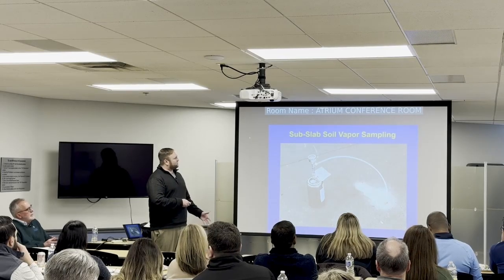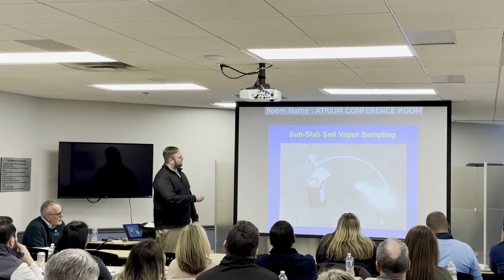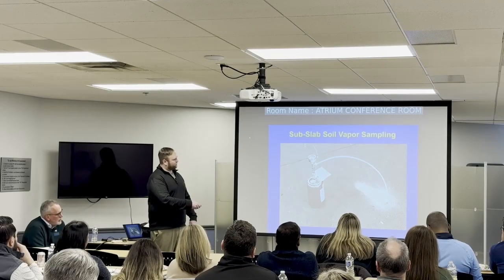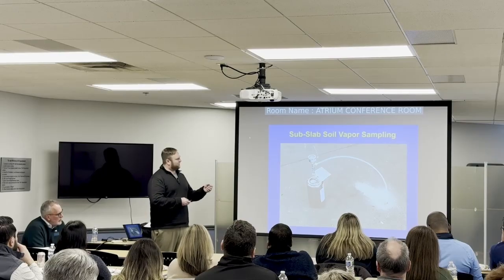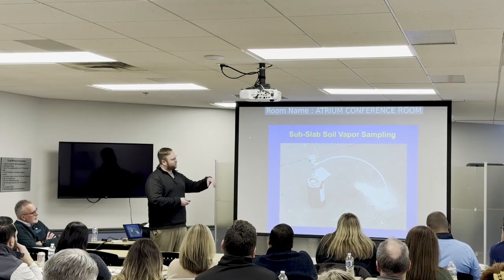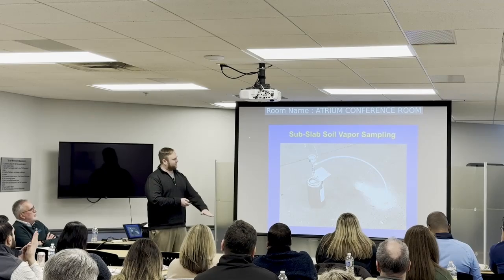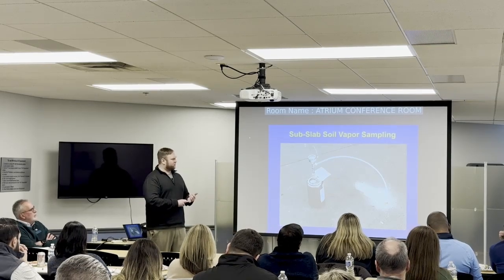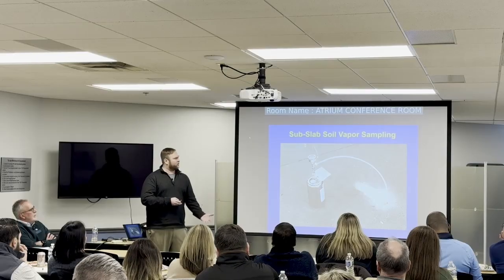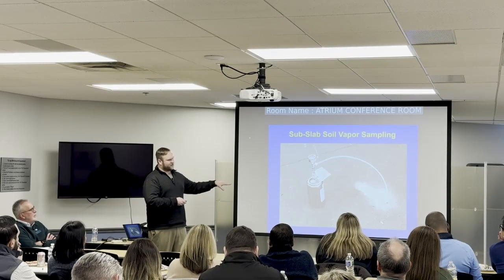This is a sub-slab soil vapor sampling canister. It's the same type of SUMMA canister, except what we've done is drill a hole through the floor, through your slab, install a pin that has negative space in between. We're essentially harvesting the vapor that is beneath that slab. So if you have any sort of volatile chemicals, whether it be in your soil or your groundwater, that are working their way up beneath the slab foundation, we're going to collect that through this canister.